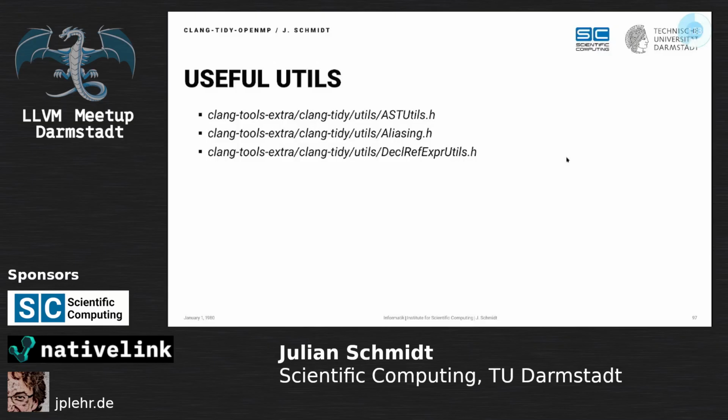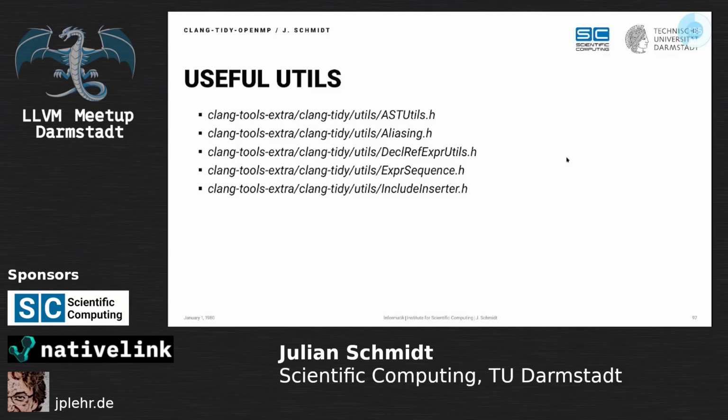DeclRefExprUtils, which you can use to say, I want all the uses of, for example, a parameter. There's ExprSequence: if you want to know, is this expression always before another, or is it only sometimes before another expression?